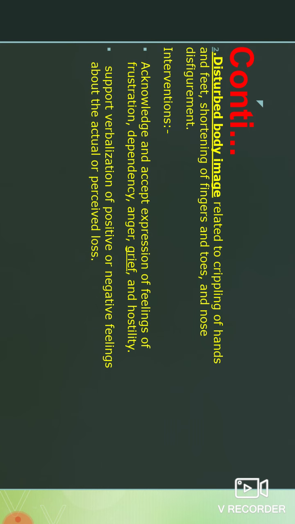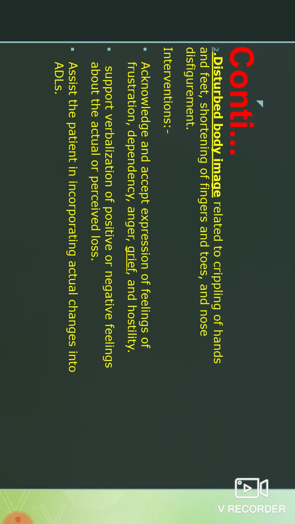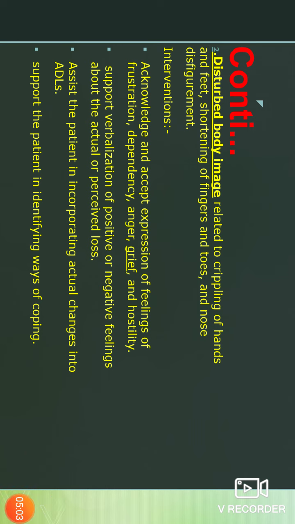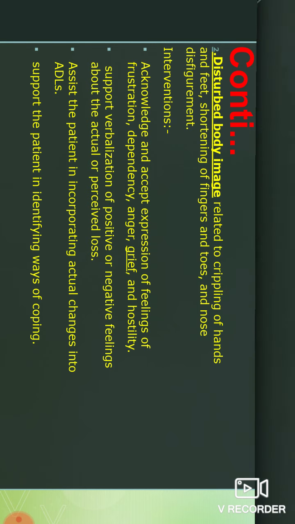Second, support verbalization of positive or negative feelings about the actual or perceived loss. Assist the patient in incorporating actual changes into ADLs. ADLs means activities of daily living. Next, support the patient in identifying ways of coping.